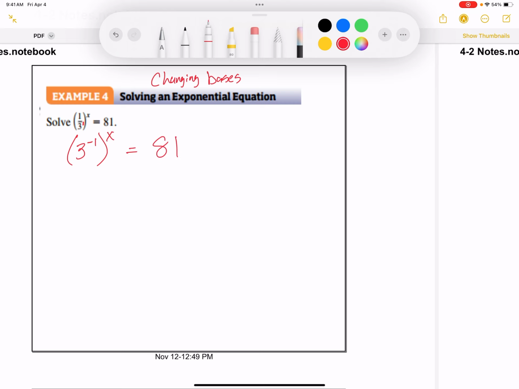81. So now, properties of exponents, right? Let's talk about these properties. I told you I'd talk about them when they become more relevant. If I have a to the m to the n power, that is a to the m times n. So this makes it 3 to the -x power equals 81.